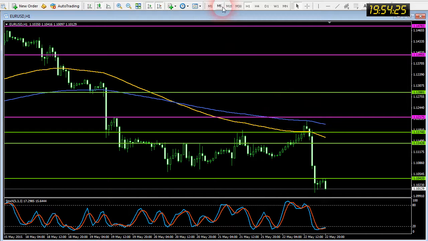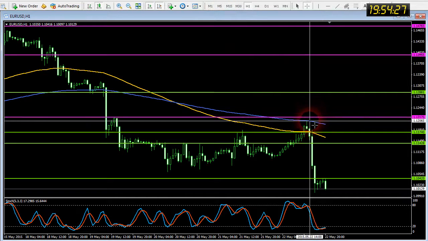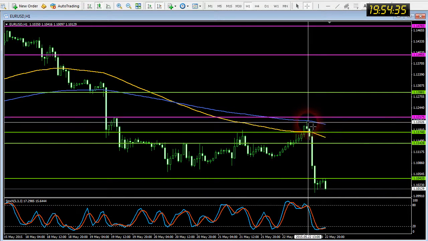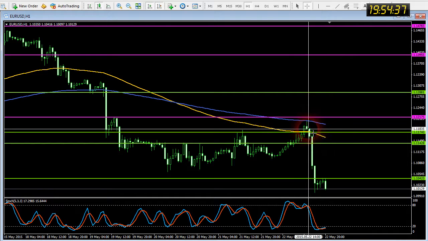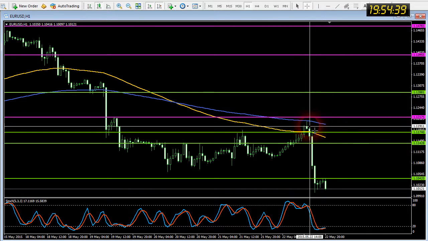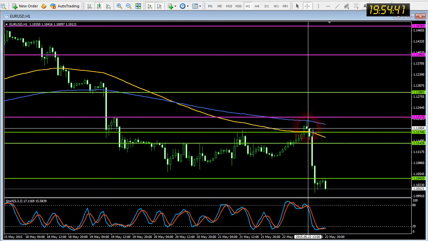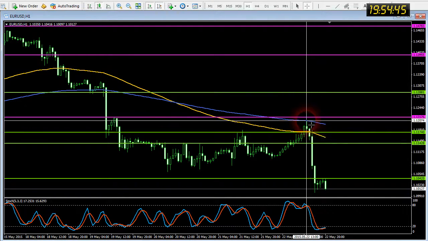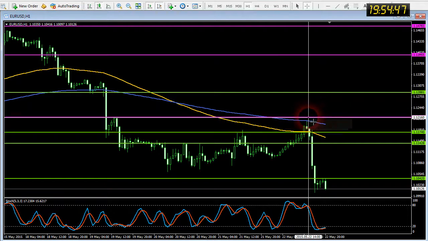And I say no, I don't do that, because I have to enter as soon as the price touches my resistance line, or the EMA in this case, because I'm a short-term trader. If I wait, it's too late. I'm not going to win the trade if the retracement has already occurred. So I want to enter as soon as it touches my line and it's near full or half hour.